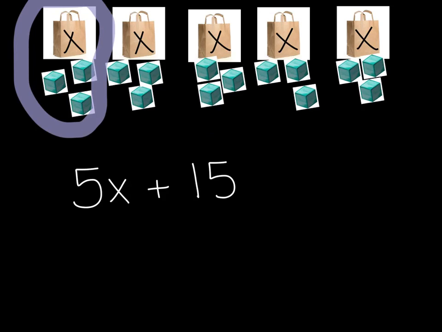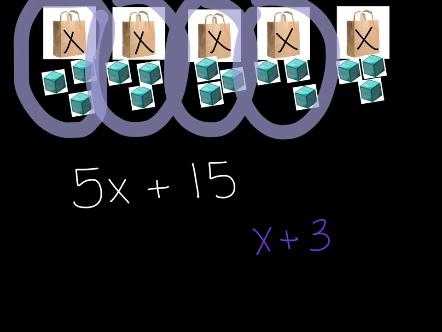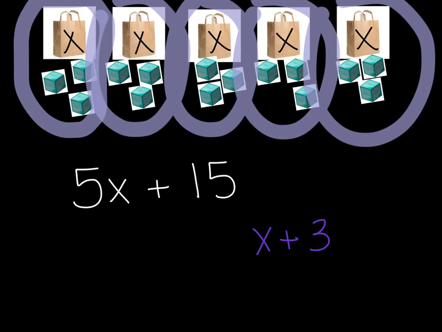So the one bag and the extra blocks now, I'll keep my color here of the light purple. Like that. All right, so let's see here. X plus those 3 blocks that are in front of. And then we can say, well, we actually ended up with not just one group of that, but 1, 2, 3, 4, 5 groups of x plus 3.